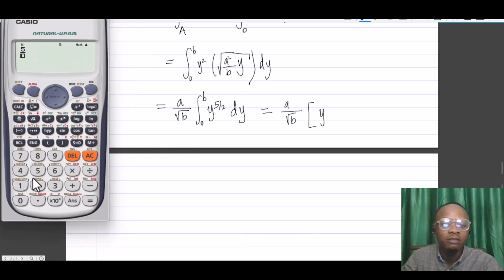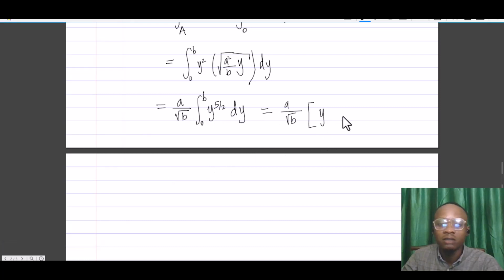So this is 5 over 2 plus 1, which gives us 7 over 2. Then we divide by 7 over 2. Let's just cover that, and it will be evaluated from 0 to b.